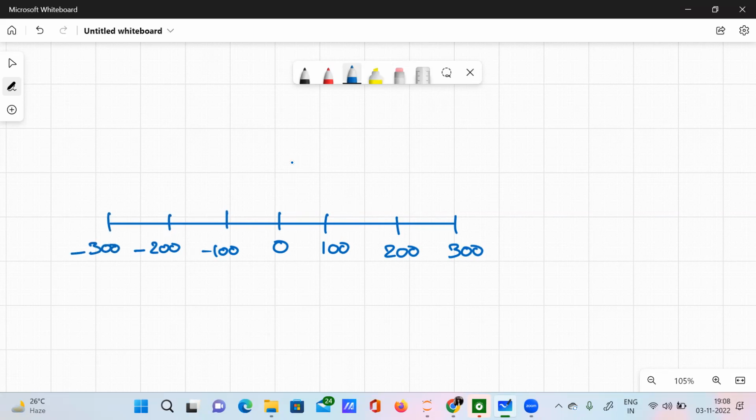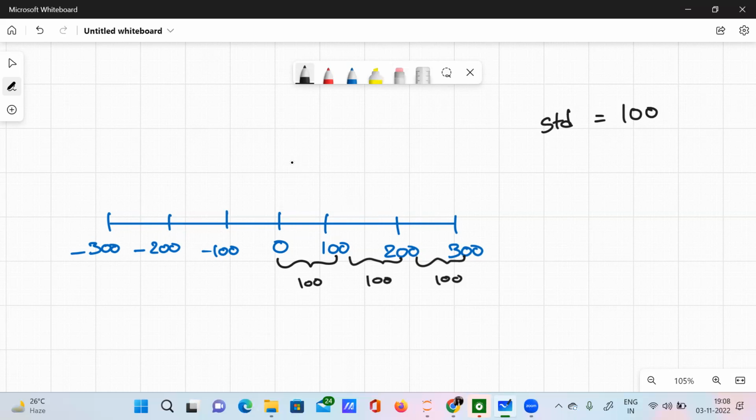When I ask you what is the standard deviation here, usually people will say it is 100. Why? Because the difference between each unit of the x-axis is 100. The difference between 100 and 200 is 100, so that's why the standard deviation is 100.